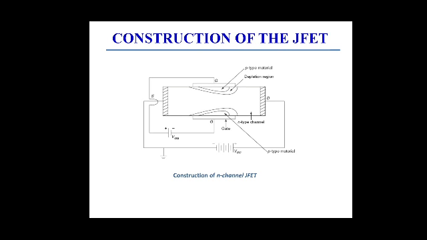So first, in order to create an N channel JFET, for any semiconductor device, the fabrication will start from intrinsic semiconductor. We'll take intrinsic semiconductor and dope it with impurities, and based upon our requirement we will dope with either N type impurities or P type impurities.